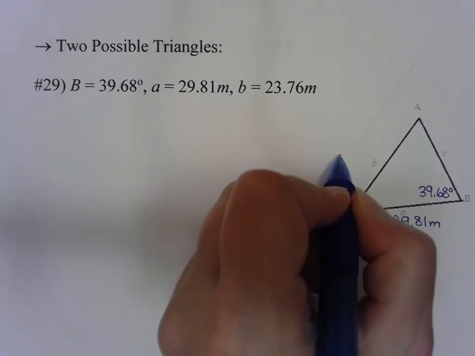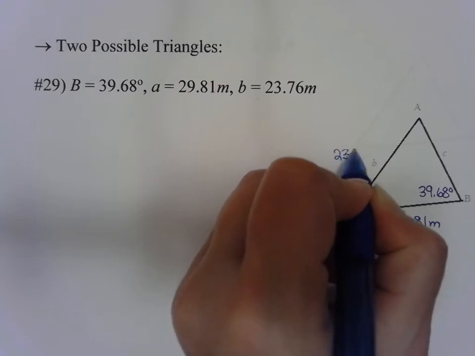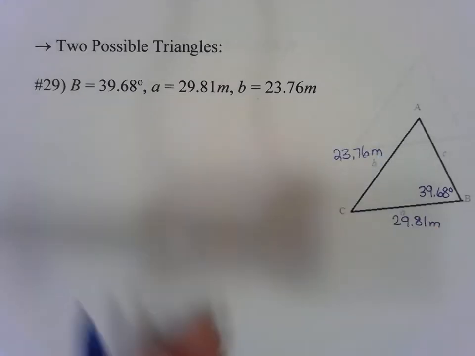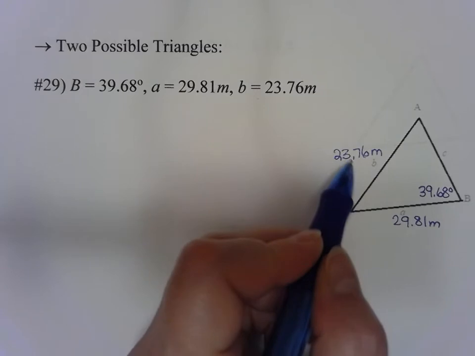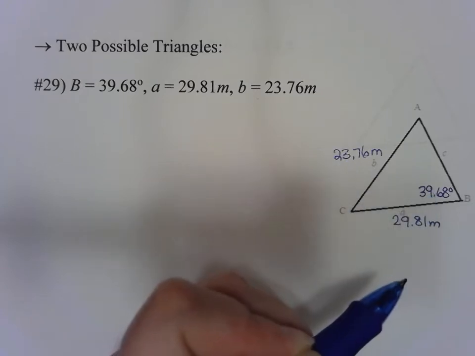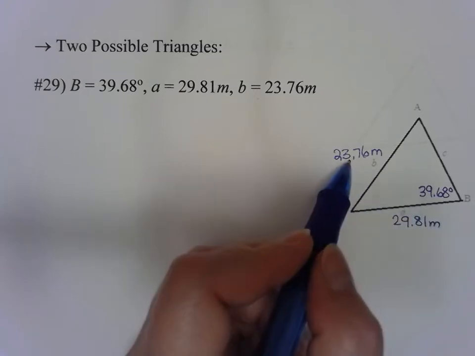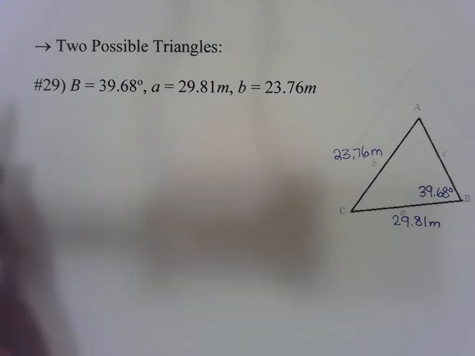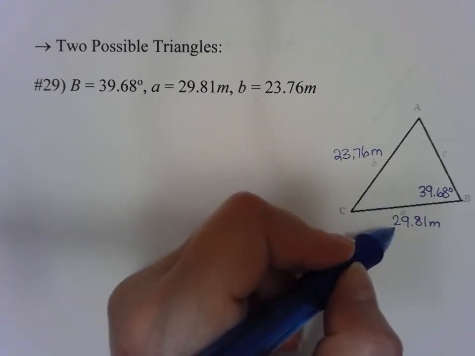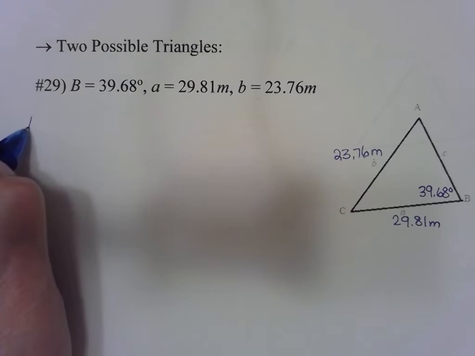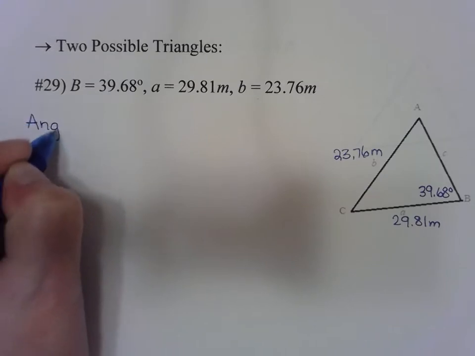And side B is 23.76 meters. Again, this is that side angle. So again, we have angle B and the side across from it, and we have the side across from angle A. So it makes sense to try and solve for angle A.